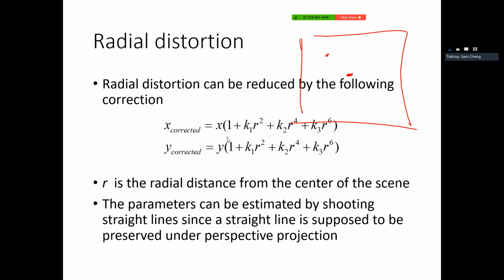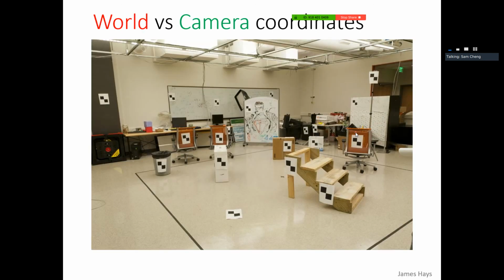Therefore, we can fix this distortion by only relying on the effect on this scale along this radial axis here. That's actually not much I can say about that. I'll just show you in a demo. Basically, you can take care of that using, for example, OpenCV calibration. That will take care of that.